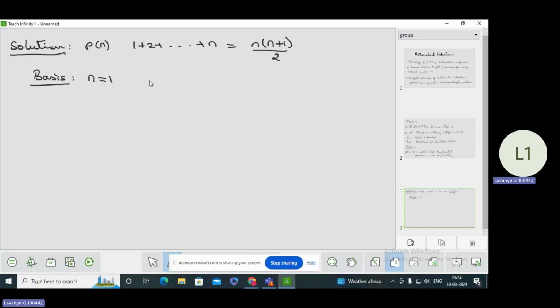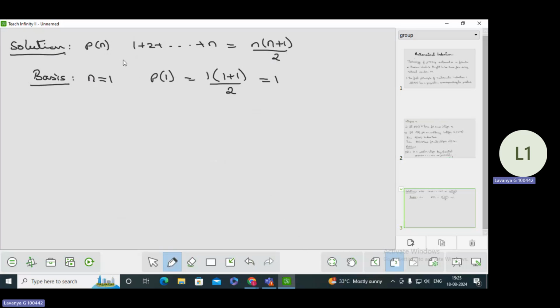Then what happens in this? My p of n is n into n plus 1 by 2. My p of 1 will be 1 into 1 plus 1 divided by 2, which is equal to 1. And incidentally, the first term here is also 1.